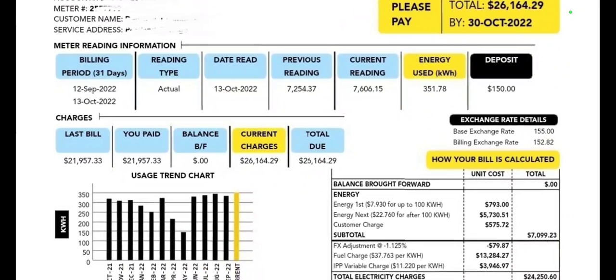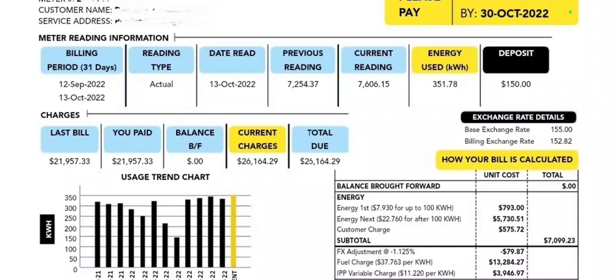Where are we? Now down to the charges. This is where we are. So last bill is the bill before this current bill, and then you paid is how much you paid out of what was due, right?